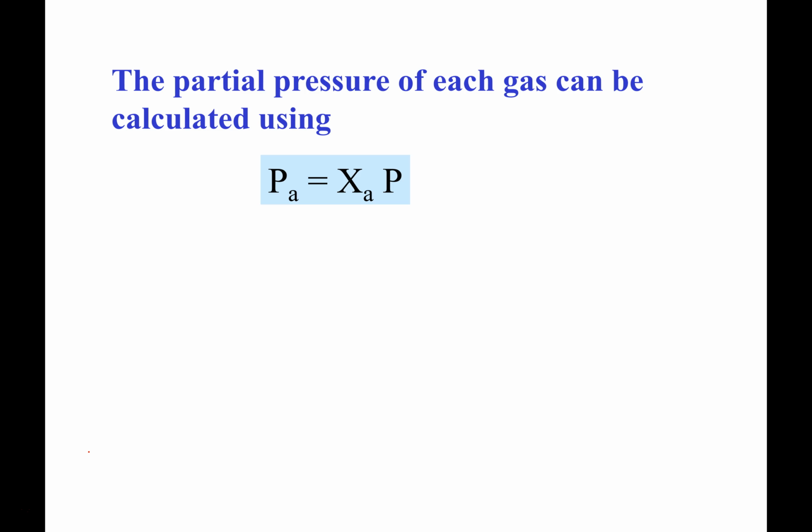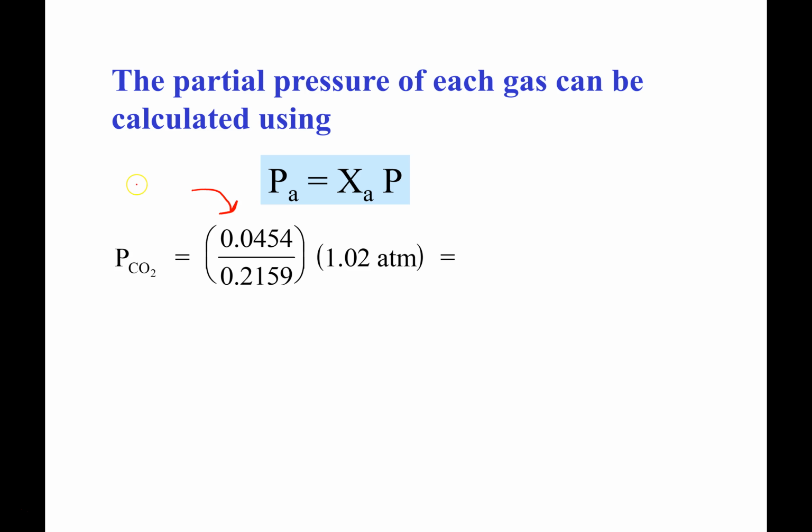If you look back at your notes, 0.0454 in the top, and what's in the bottom? Yep, 0.2159, exactly. So this ratio is the mole fraction of your CO2. It almost looks like a chi the way I write it, but it should just be an X, mole fraction of CO2. Times the total pressure, rounded to 3 sig figs, you're looking at 0.214 atmospheres.